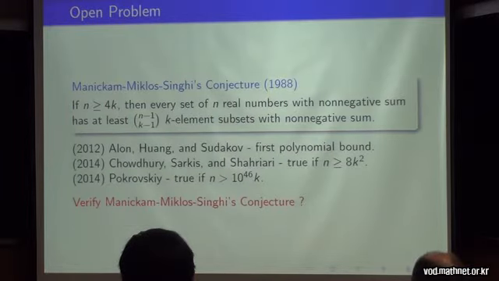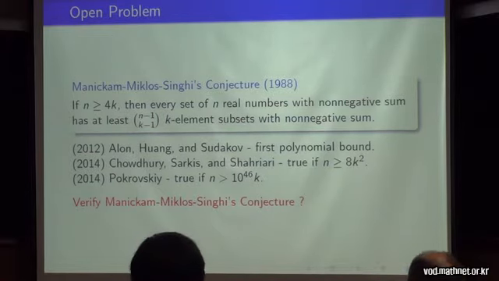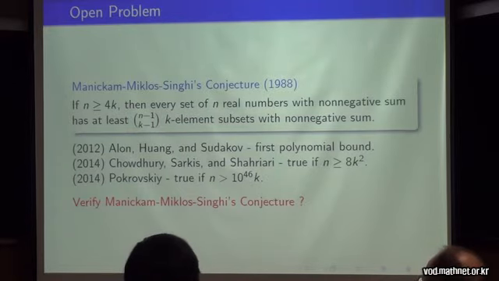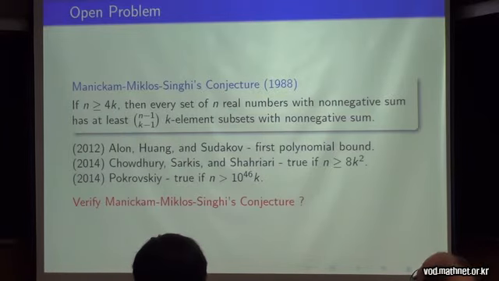In addition, in 1988, Manickam, Miklós, and Singhi conjectured the following theorem. If you consider every set of n real numbers with a non-negative sum, this set has at least n minus 1 choose k minus 1 k-element subsets with a non-negative sum. This conjecture was considered by many others. However, I just put three results related to this conjecture.